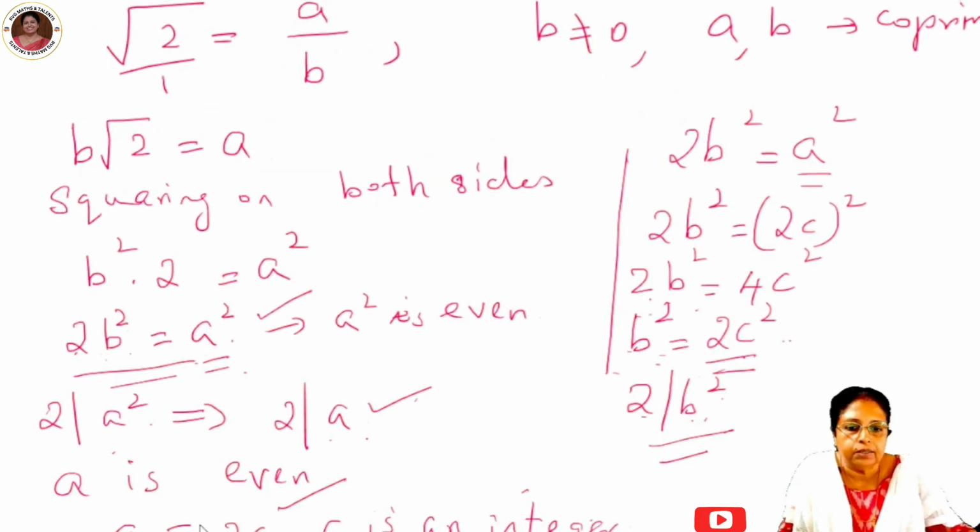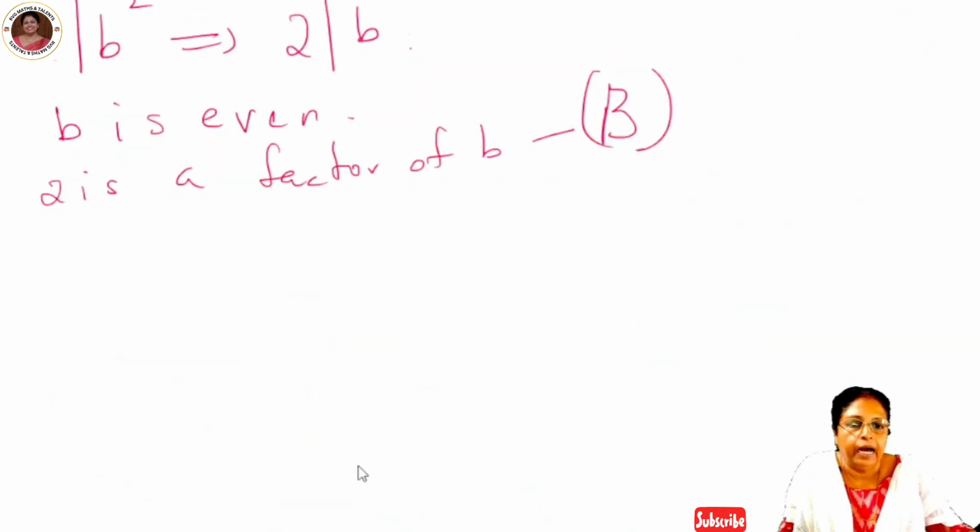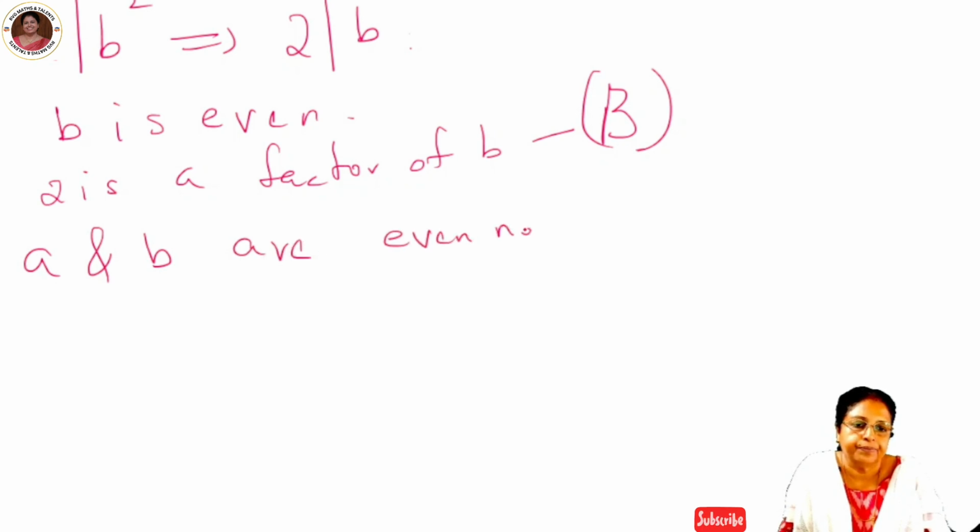Already we got a is even. Now we got b is even. That means we are getting a and b are even numbers. That means a and b have common factor 2. So what you got? 2 is a common factor of a and b.